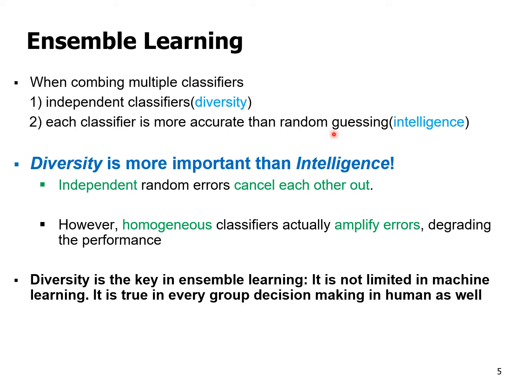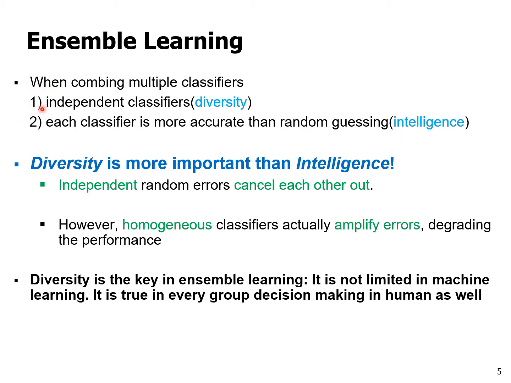If you pick any arbitrary classification algorithm in machine learning, then probably its accuracy is better than random guessing. So this second condition is very easy to satisfy. So what matters is the first one.